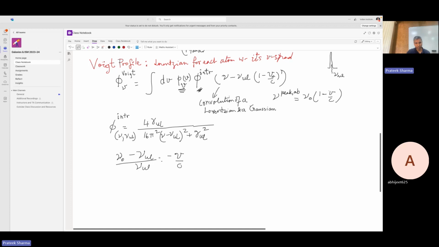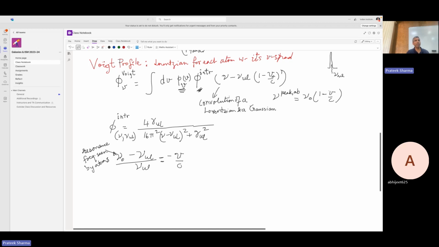by c. Okay, so let me actually explain what I am writing here. So if v is the line of sight velocity of a particle, nu naught is the resonance frequency seen by the particle, seen by atoms.